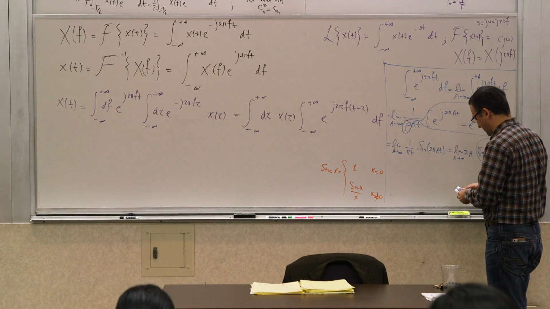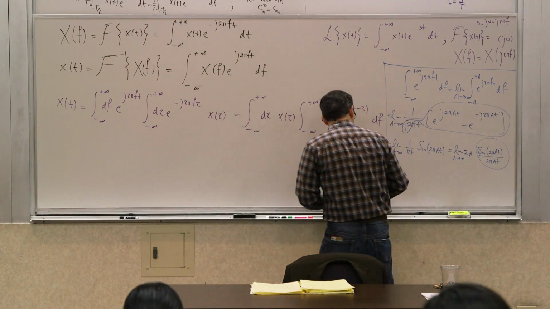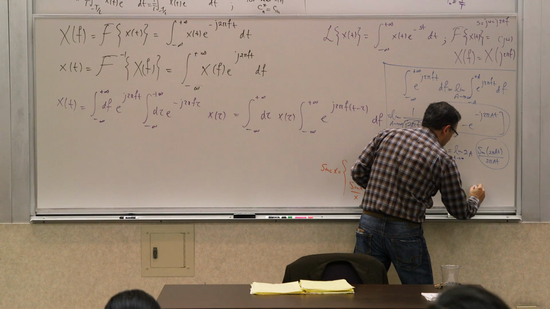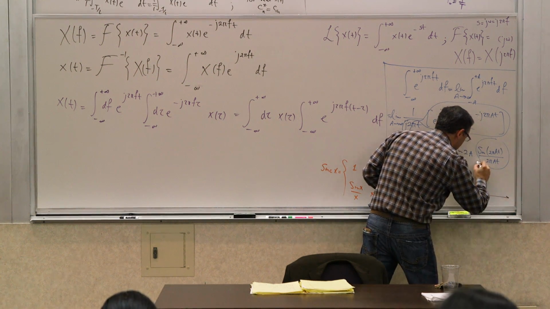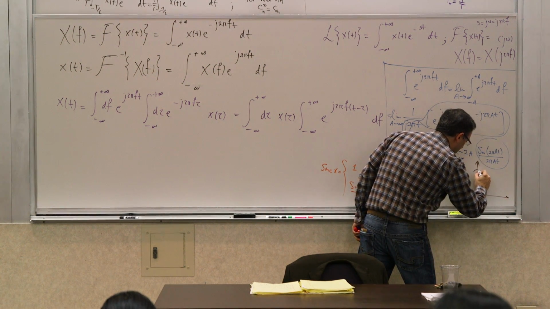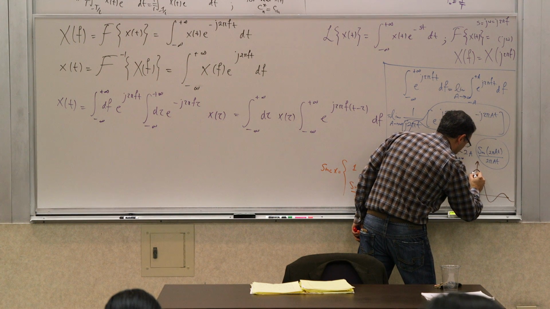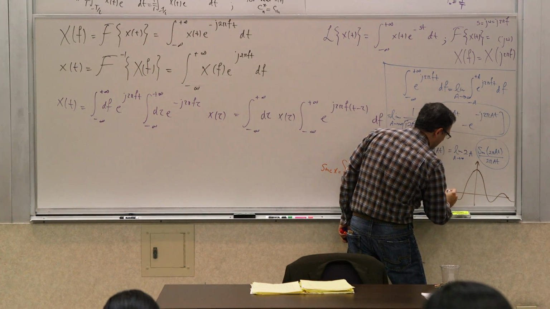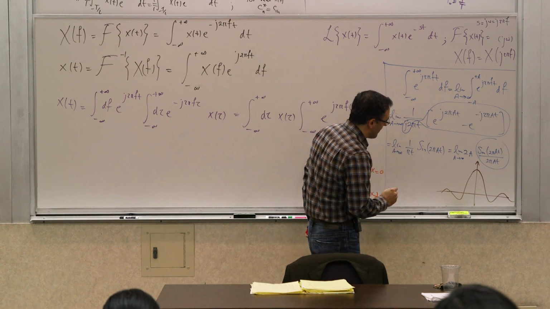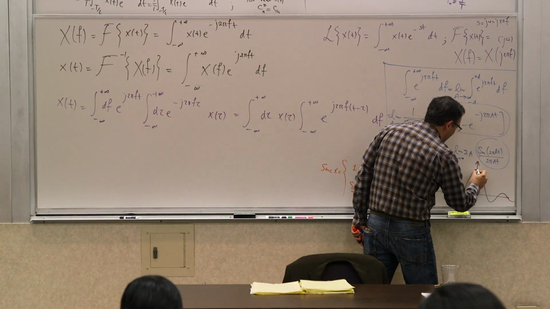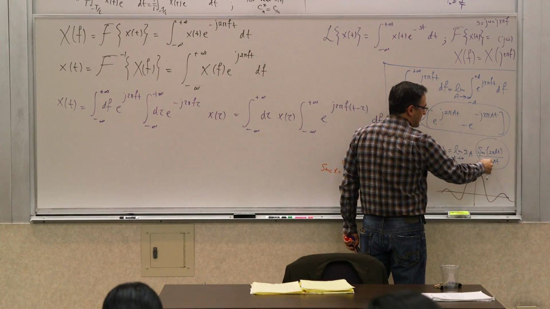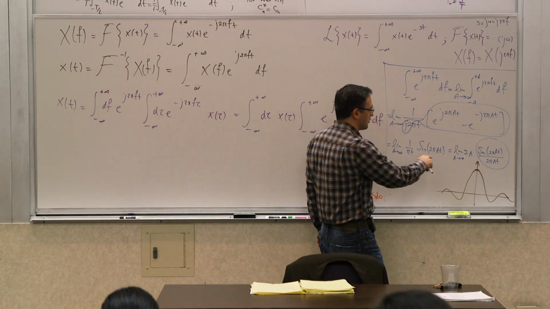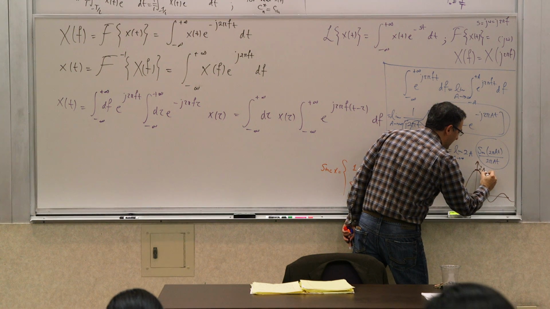Anyway, it is that limit, right? What does that look like? Let's look at this waveform. A sinc function looks like this. It's a sine over x, sine of x over x. But at this point, what is this value? This whole thing becomes 1 by definition at 0. So the height is 2a.